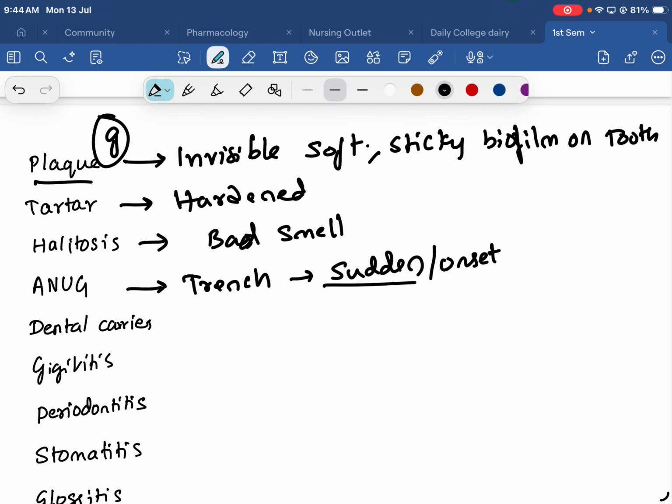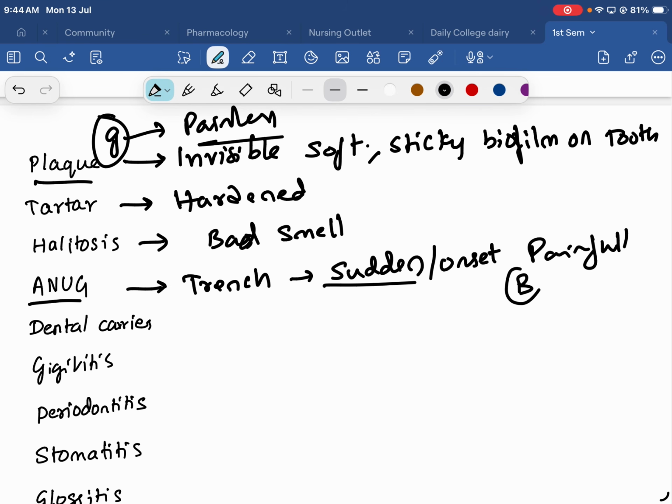That means after 2 months or 3 months it will come. But ANUG is all of a sudden an infection. Suddenly it will cause pain. It is very painful. But plaque is not painful. It is painless and gradual. ANUG is painful and onset, not gradual. All of a sudden it will come.